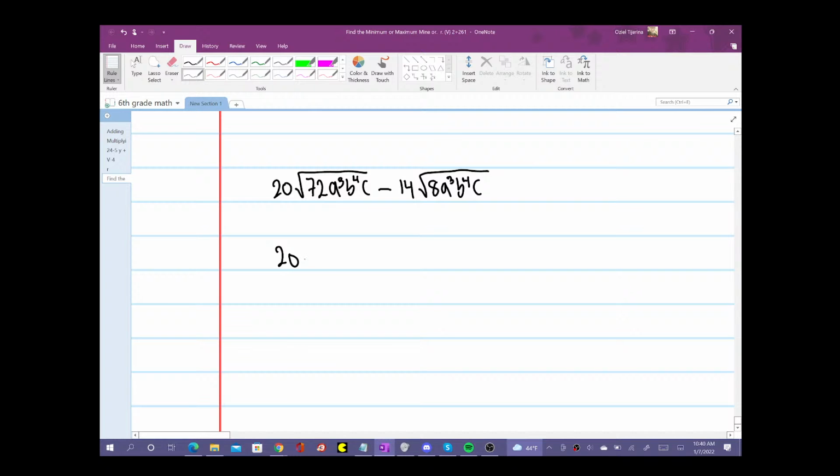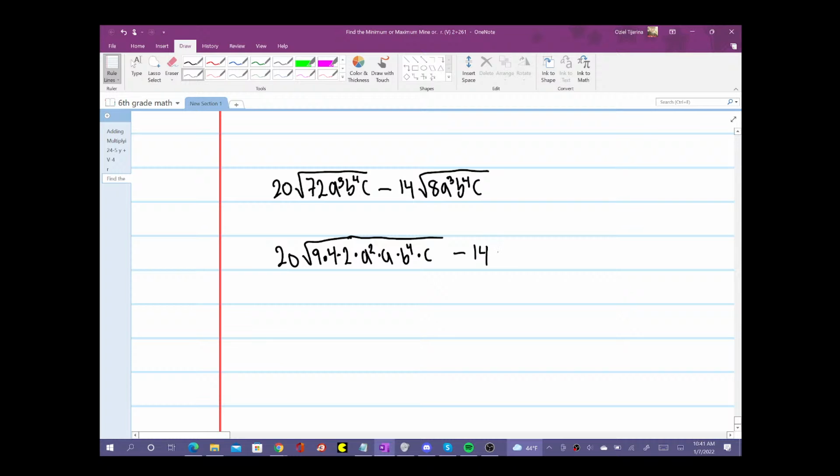So you have to do 20 times the square root of 9 times 8, or sorry, 9 times 4, right? Because it's 9 times 8, but it's 9 times 4 times 2, times a squared times a times b to the fourth times c, all square rooted. This one is a very tricky one, guys.